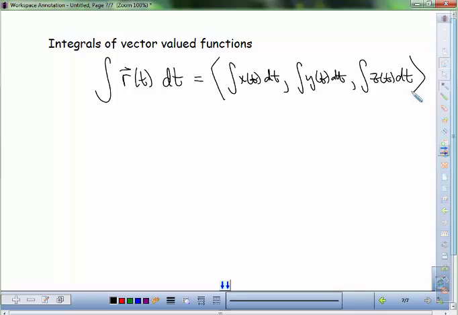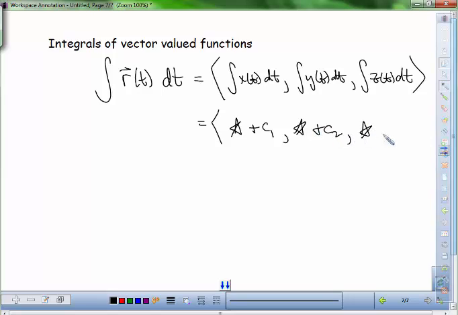So a lot of times, I personally like to think about the constants as being constants added to each of these components. So whatever the integral is for the first one, plus c1, comma, whatever the integral is, plus c2, comma, whatever the integral is, plus c3. That's usually how I'd like to think about it. And then this is going to have three different constants that I have to worry about.